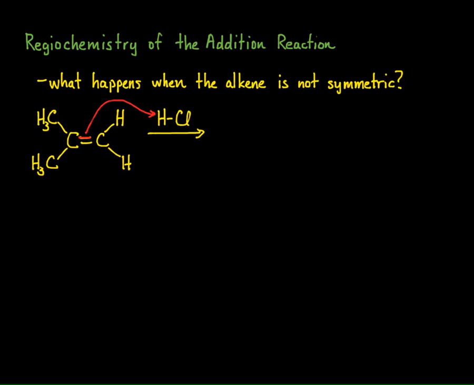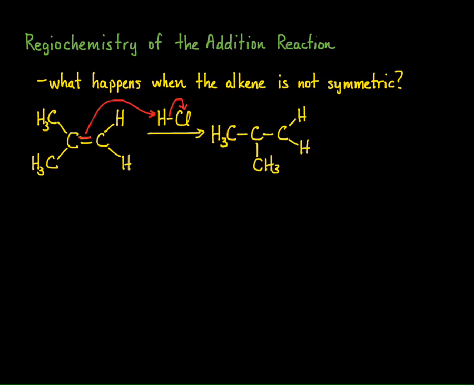In other words, the electron density resides closer to the chlorine and the hydrogen is electron deficient. And then once that bond starts to form, the electrons from that HCl sigma bond go to the chlorine. We end up then with one of two possibilities, one in which the hydrogen can go to the carbon on the left and one in which the hydrogen can go to the carbon on the right.